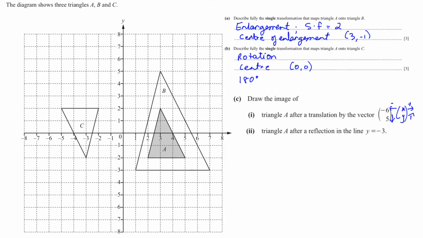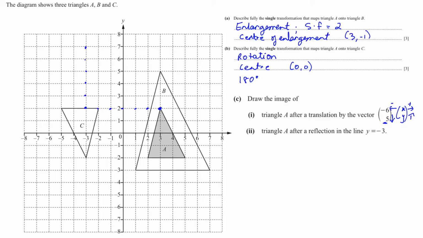So you have -6. Take one point. I'm going to choose this point. We are going to move 6 to the left. So 1, 2, 3, 4, 5, 6. And then you have a 5 here, so we'll move that point up by 5. 1, 2, 3, 4, 5.